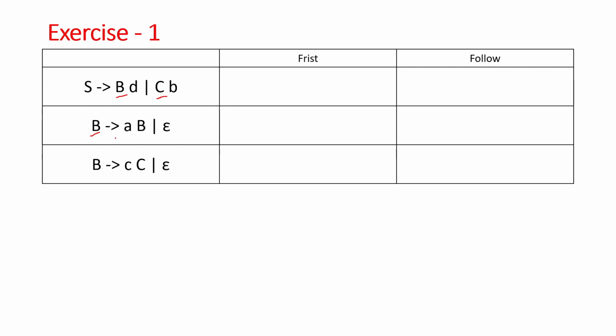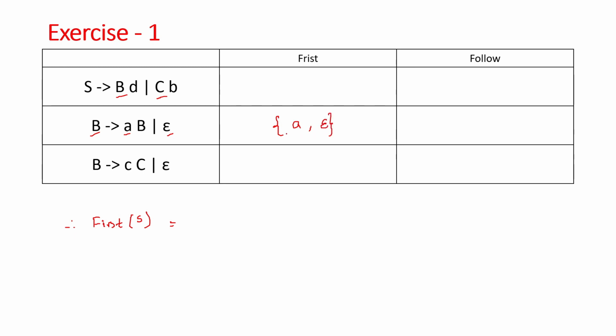So let's write. We can see the first of B is A and epsilon. Let me just write here for B: A, comma, epsilon.